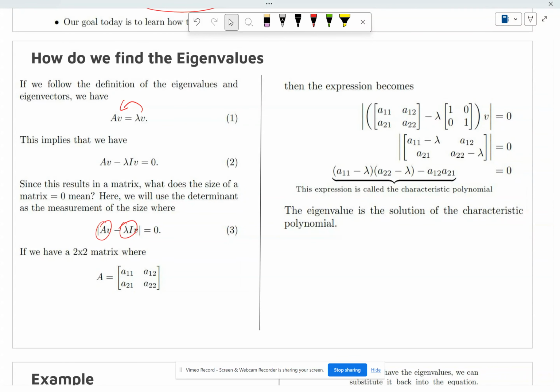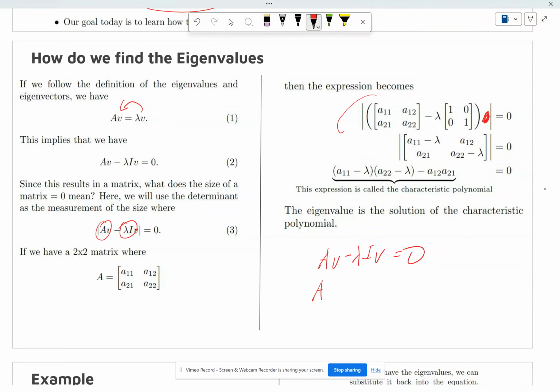What's happening is that we want the matrix size to be 0. Therefore, we have AV minus lambda I V, and we want that to be 0.